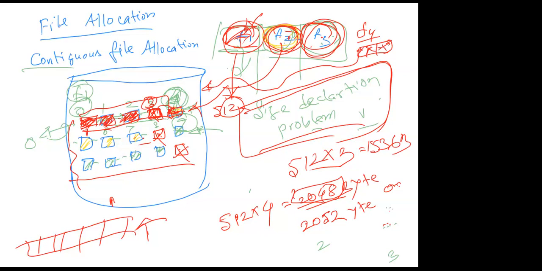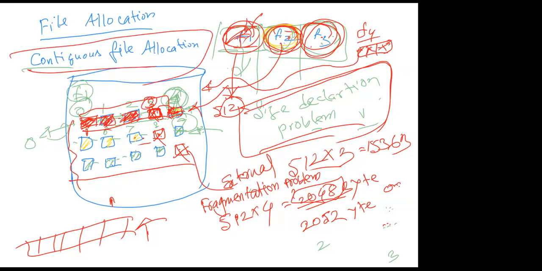This is another problem, also known as the external fragmentation problem. You already heard about the external fragmentation problem previously: contiguous file allocation suffers from external fragmentation.